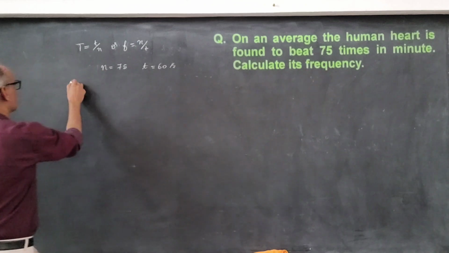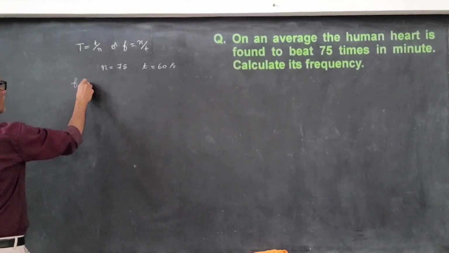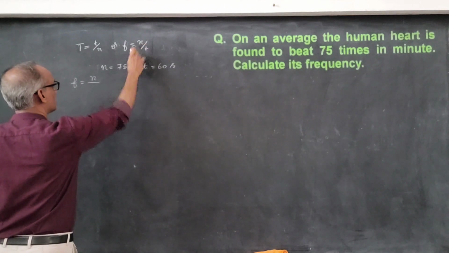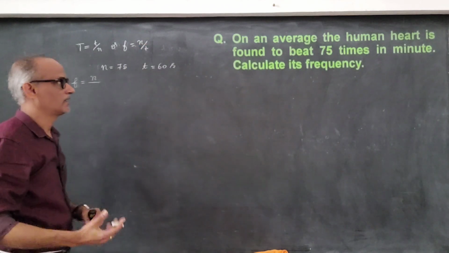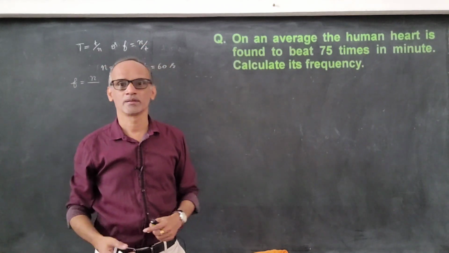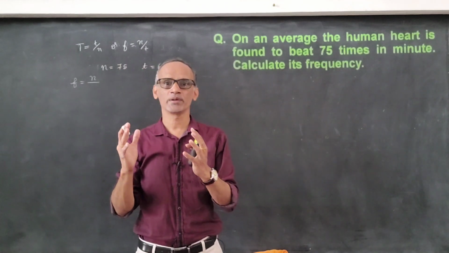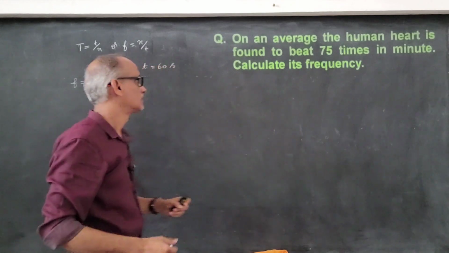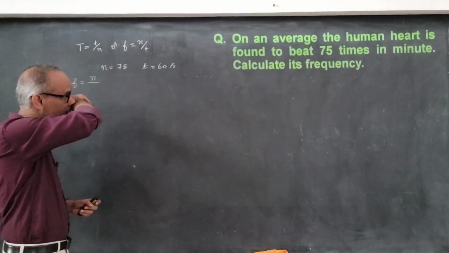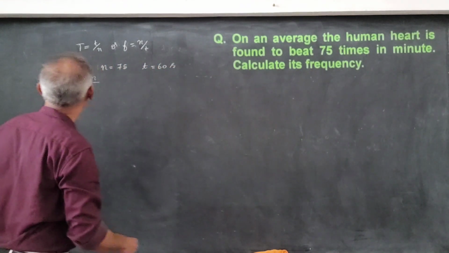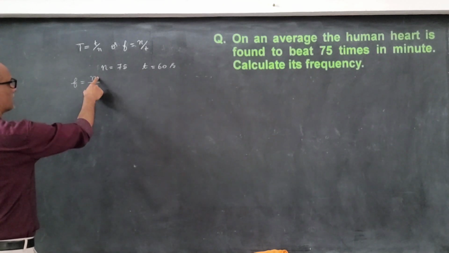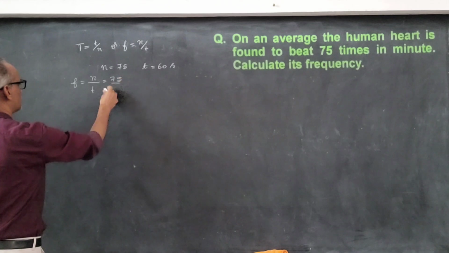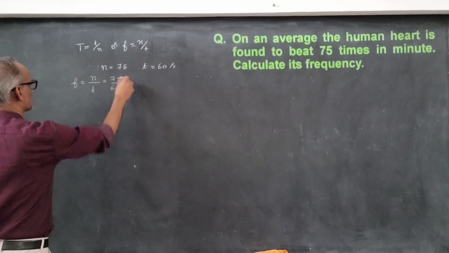So, frequency is given by the number of times the heart is going to beat. Again, the heart is a good example of periodic motion, where it pumps the blood. It's given here 75 times in 1 minute. So N divided by t: N is 75 divided by 60.